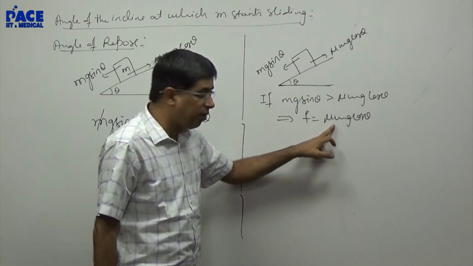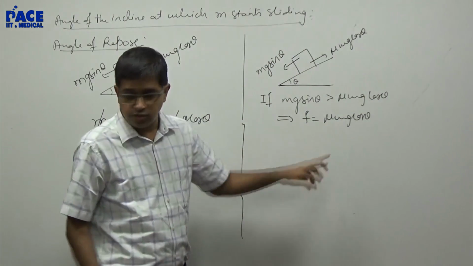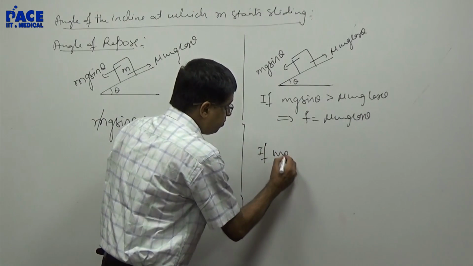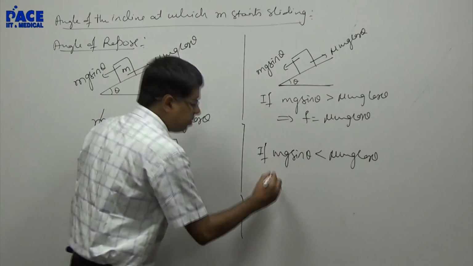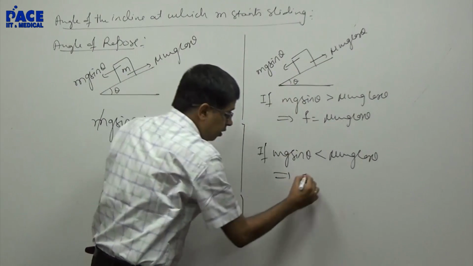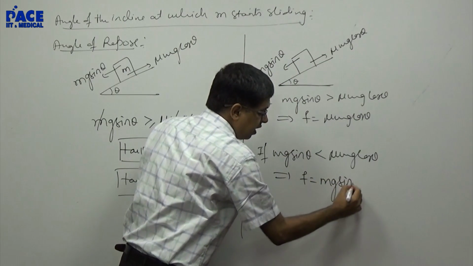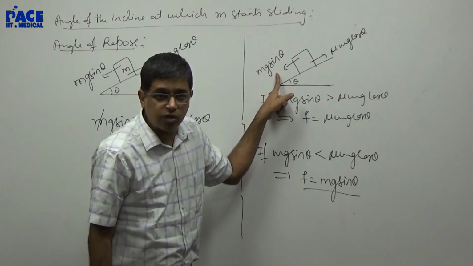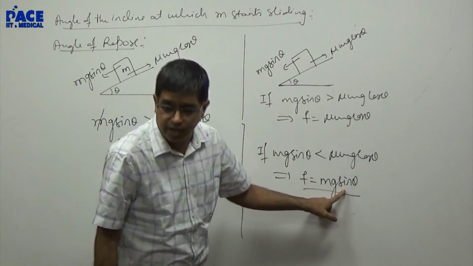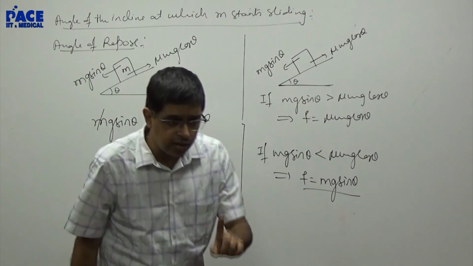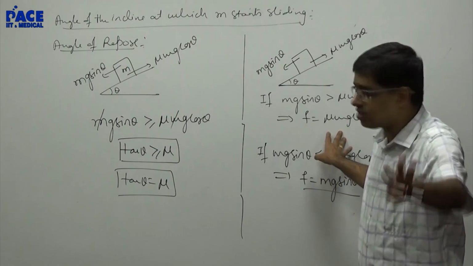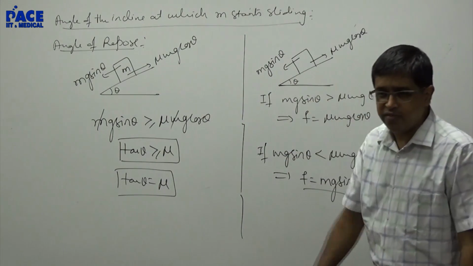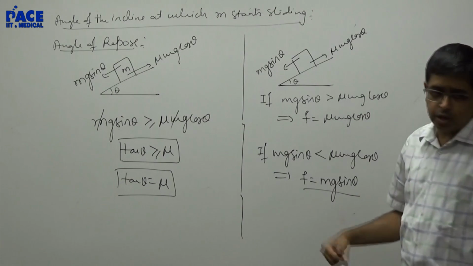When the body is sliding, what will be the frictional force? Mu mg cos theta. But if mg sin theta is lesser than mu mg cos theta, that means the body is not sliding. Then friction will be mg sin theta. Whatever is the external force acting on it, that will be the value of friction. Is this clear? This is what I have done for them when you people were disconnected. I just gave numbers, that's the only difference. Take it down.